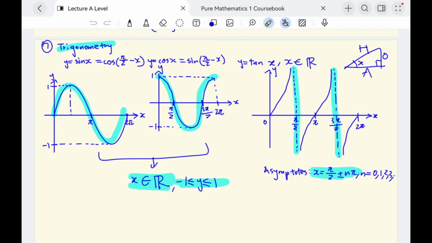So that means the asymptotes of tangent x are at pi over 2 plus or minus n pi, where n is 1, 2, 3. No matter how many 180 degrees you add to the 90 degrees, there are many asymptotes, because tangent has a cycle from lower to higher like that. I won't explain further. Please look through it by yourself.